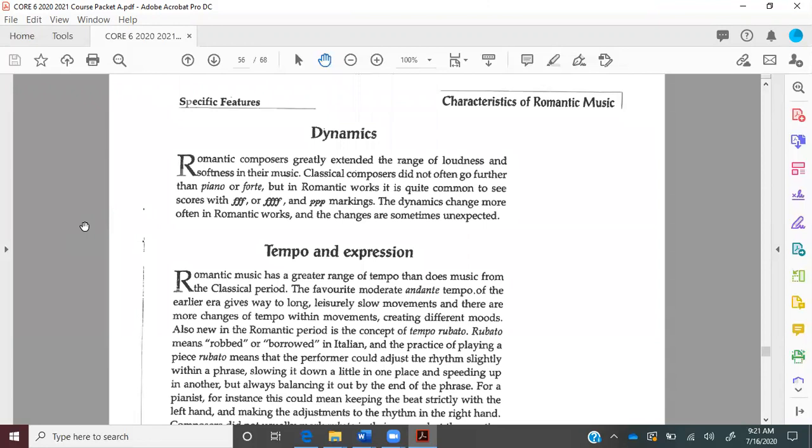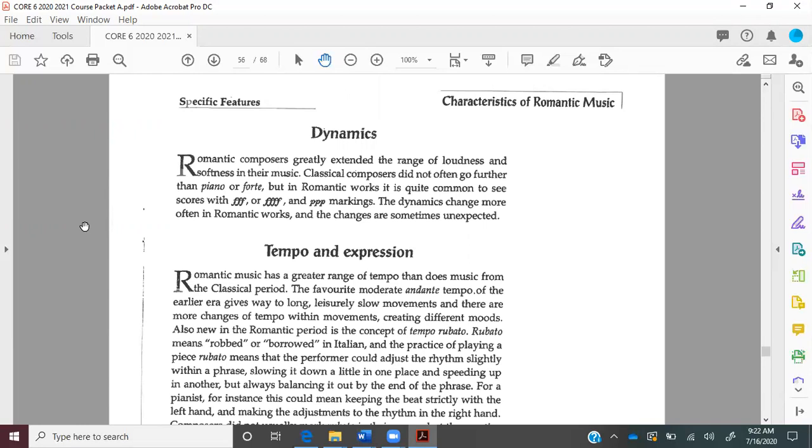So that's one of our major basic elements of music, right? Romantic composers greatly extended the range of loudness and softness in their music. Classical composers did not often go further than piano and forte, but in romantic works, it is quite common to see scores with 3 Fs, 4 Fs, or 3 Ps.